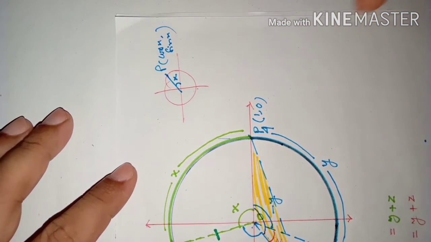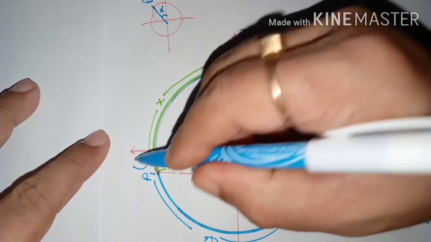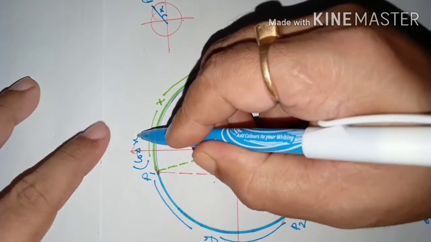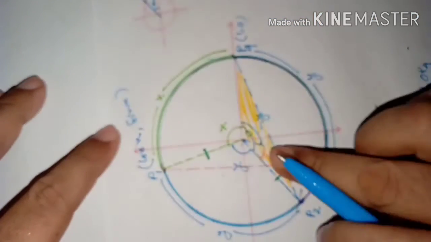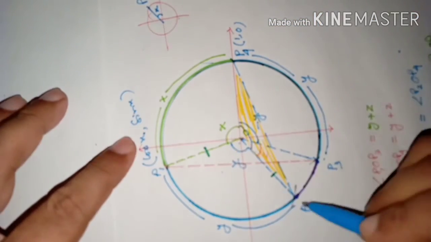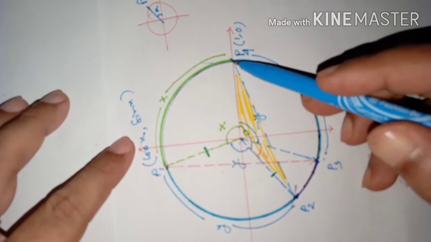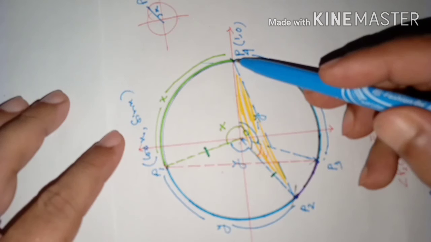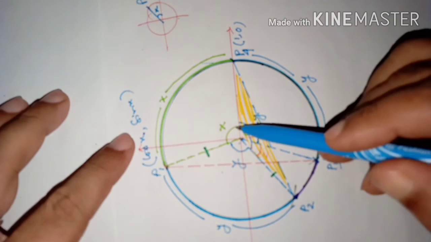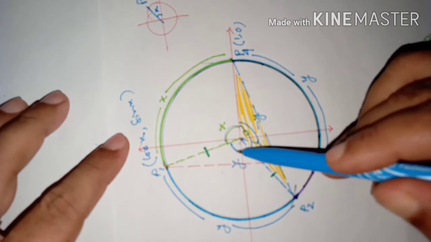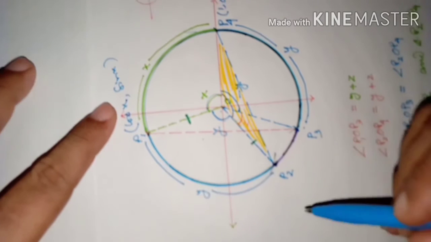Similarly, the point P1's coordinate will be cos x, sin x, because x radian is subtended here. Up to here this angle is y radian, but we always have to measure the angle from the starting point. What is the measure of this whole angle? This is x radian plus this y radian. That means this point's coordinates will be cos(x+y) and sin(x+y).